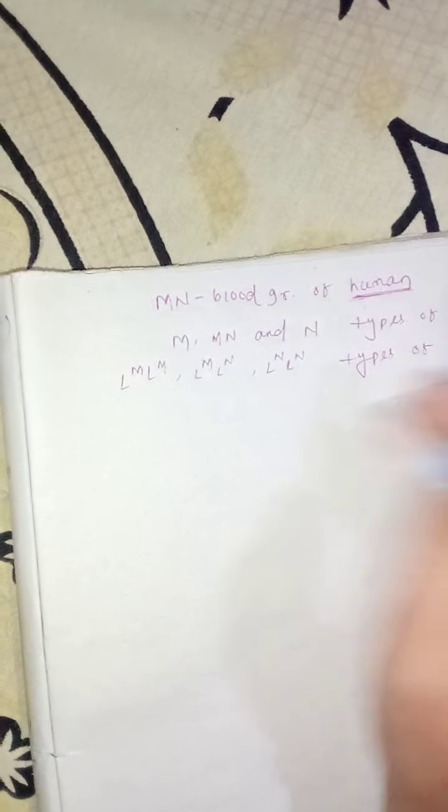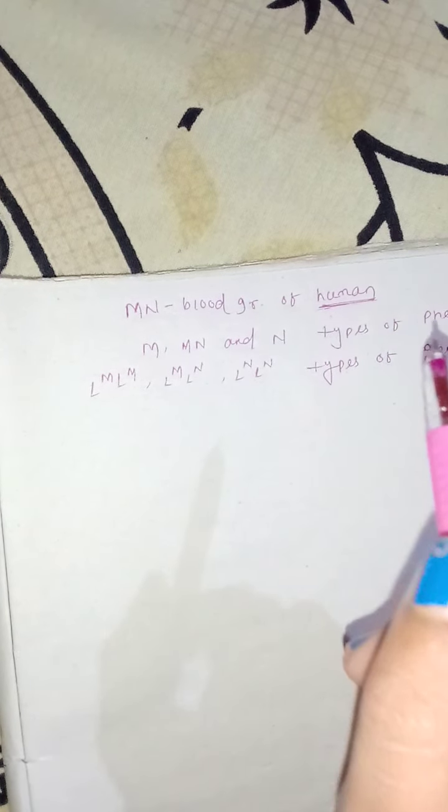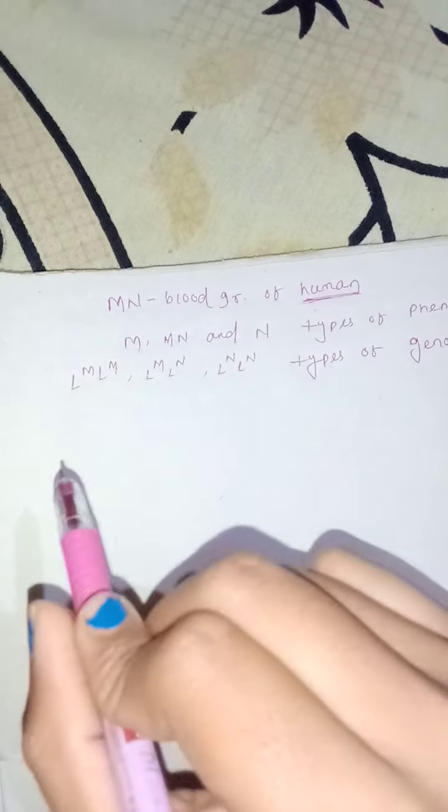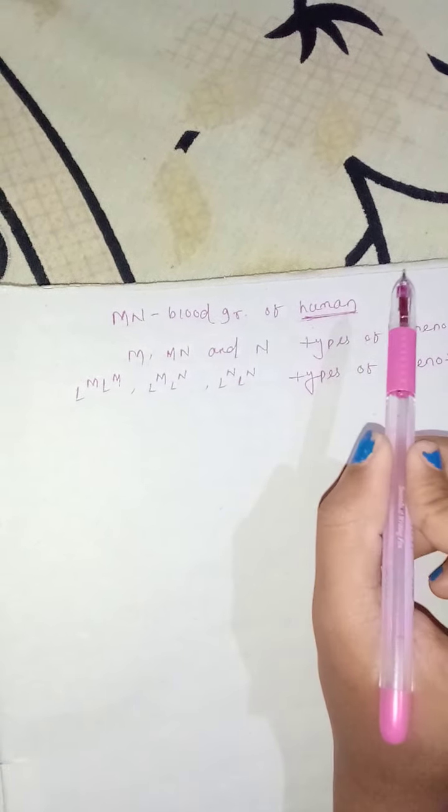So there are 3 types of phenotype and 3 types of genotype. Phenotype means the total number of characters present in a Mendelian population, and genotype is based on the genes, known as the genotype ratio. So here 3 phenotypes and 3 genotypes are present in the MN blood group of humans. This is the best example of gene frequency.